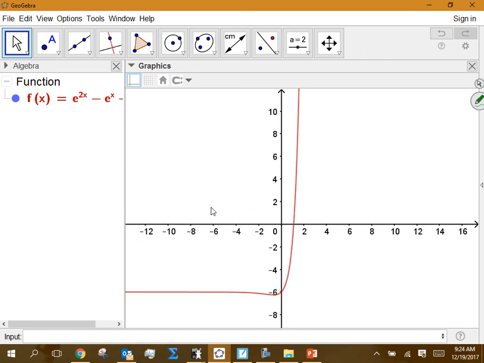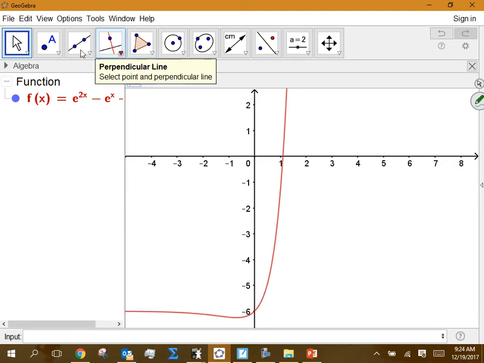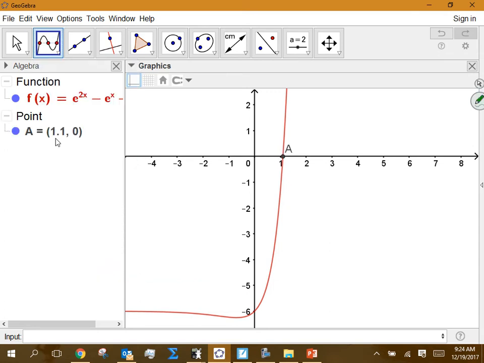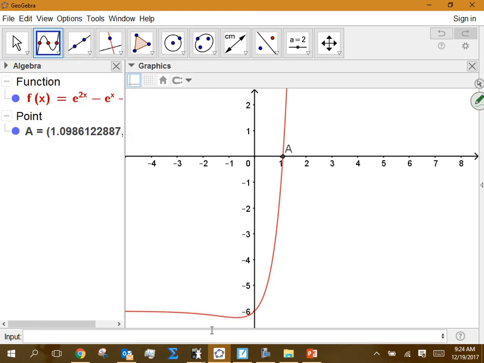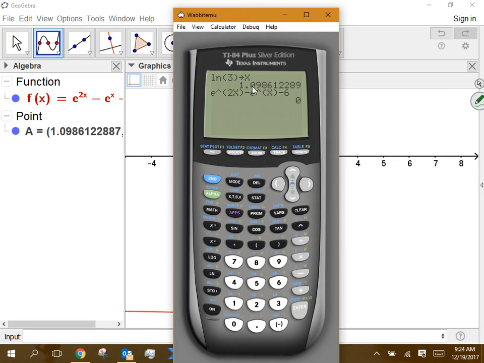Okay. We're asking where is it equal to 0? Well, if we go to intersect, I'll just hit zeros, so roots. Gives me that number right there. That number rounded to 10 decimal places is exactly the same thing as that ln of 3, 1.0986. Okay. The only thing there is, obviously using GeoGebra, if you use Desmos or whatever, it doesn't put it back into like the exact form. It doesn't put it as ln of 3. It puts it as its approximated decimal. But it is an option.